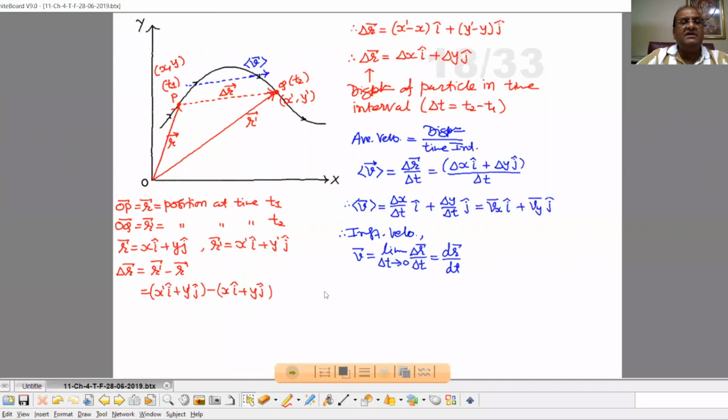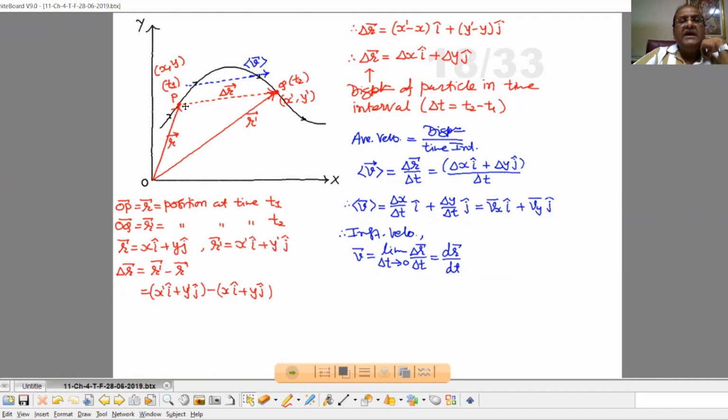Now, displacement vector. Suppose we consider a particle which is moving on a curved path in the xy plane, as shown in the figure. It is at point P at time t1, and its position vector at time t1 is vector r.